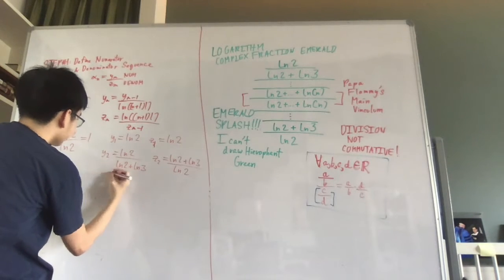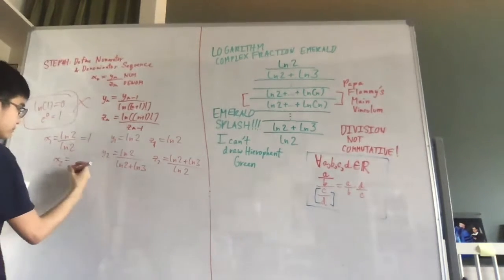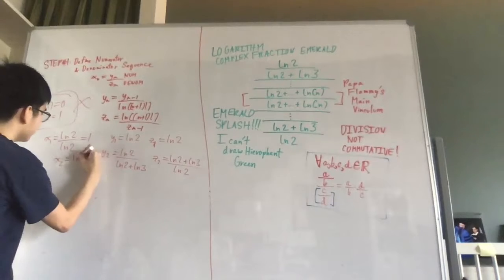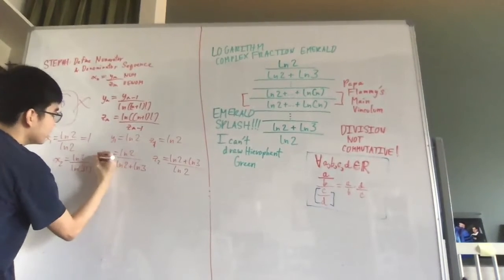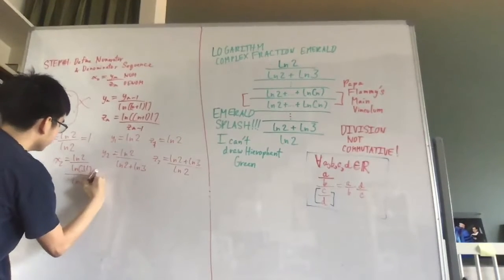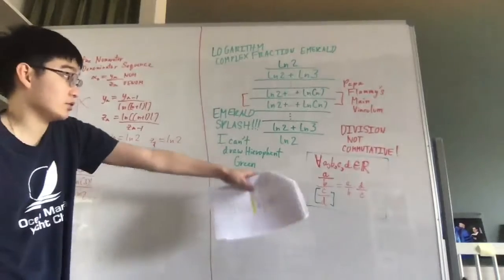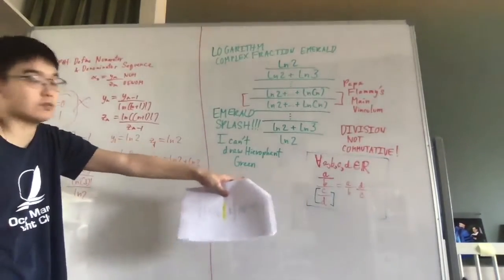This will give us x2 equals, as I mentioned before, natural logarithm of 3 factorial. So this will be ln of 2 over ln of 3 factorial divided by ln of 3 factorial divided by ln of 2. Here we have to use the property of complex fraction division, or dividing two fractions.